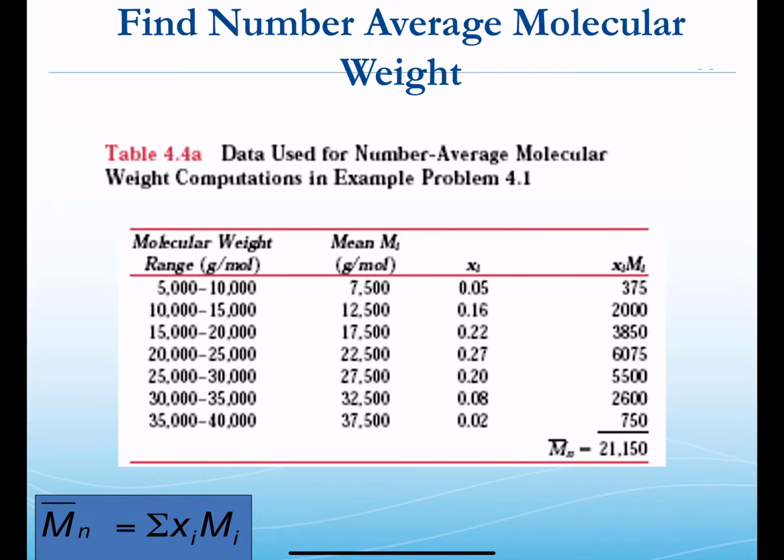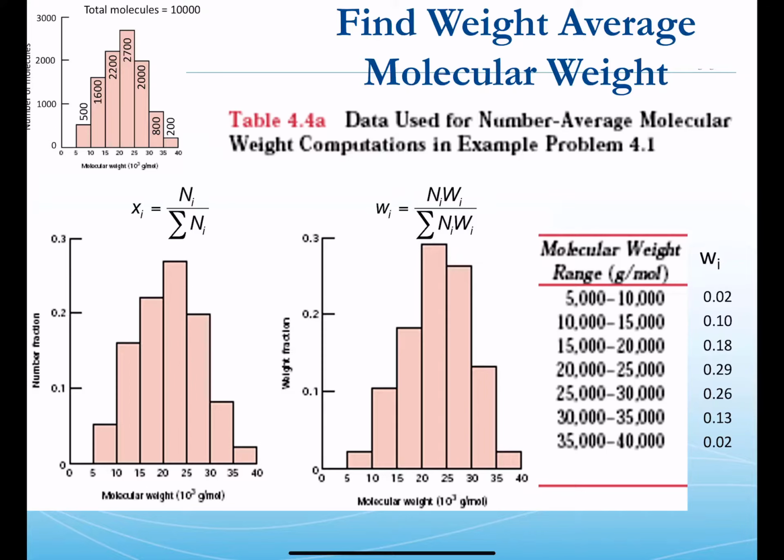Okay, so like we did the calculation for the 0.29 earlier, we could now think about doing all of the bin options there for the weight fraction. And the weight fraction again was taking the number of chains times the average mass of the bin divided through by the total mass of the sample.